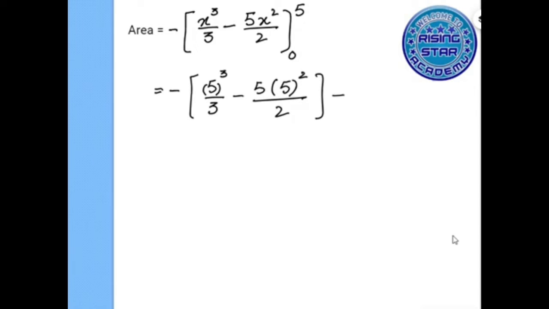If the lower value is 0, we have a variable, so all would become 0. Now negative 125 over 3 minus 125 over 2. So we will simplify by using the calculator.